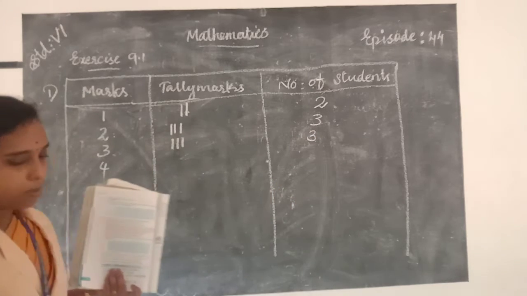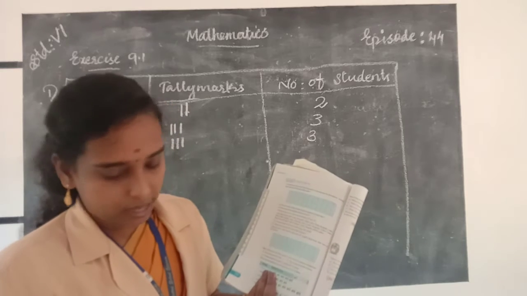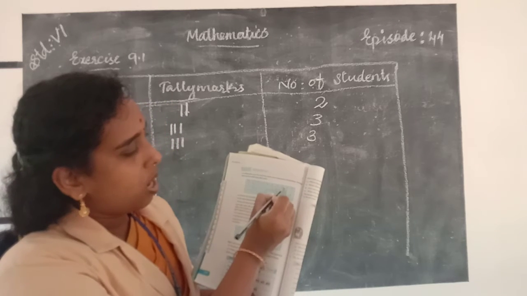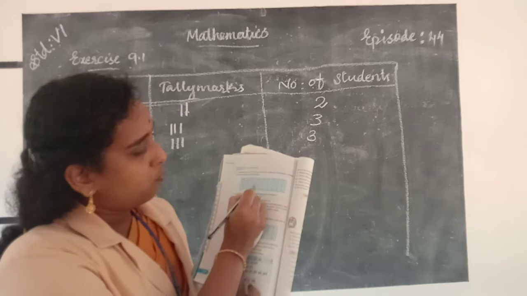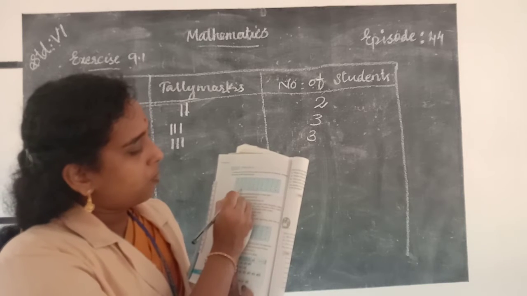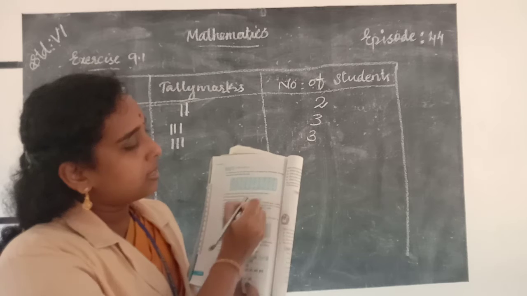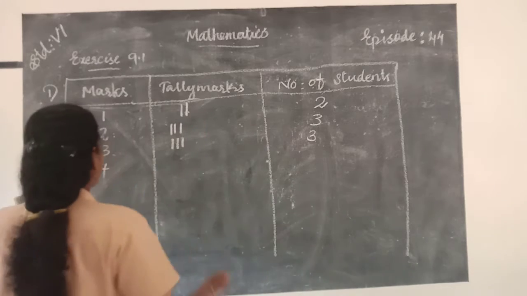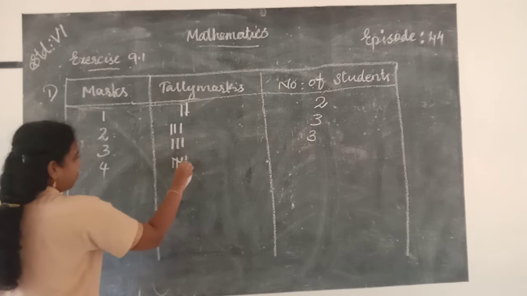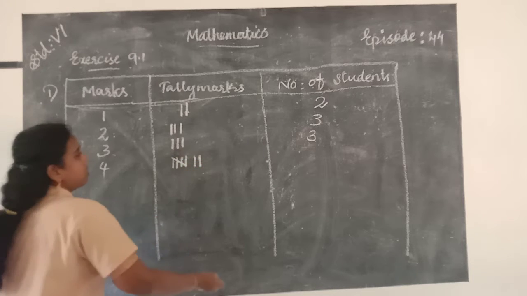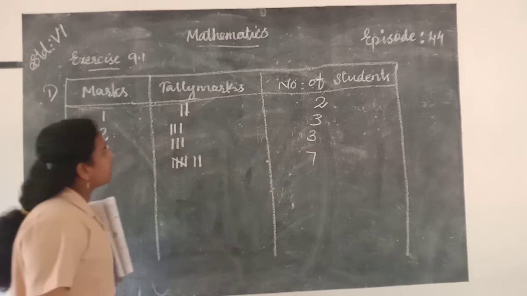Then the number of students who got 4 marks: 1, 2, 3, 4, 5, 6, 7. 7 students got 4 marks. So the number of students is 7.